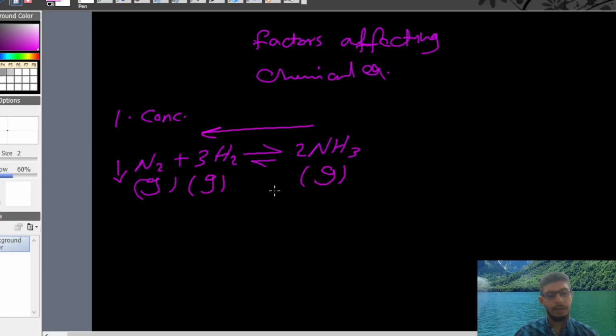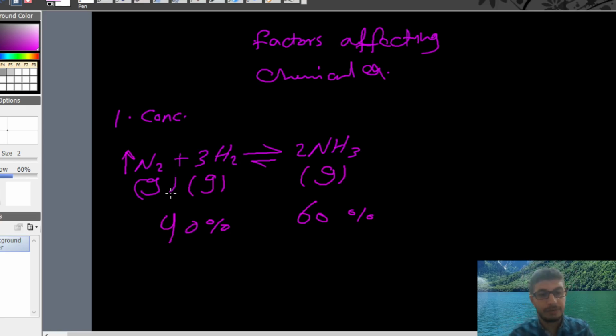As I said, if I increased the concentration of the nitrogen, let's say we have 40% reactants and 60% products. What will happen if I increase the concentration or the partial pressures of the reactants? This will lead to a loss of equilibrium.